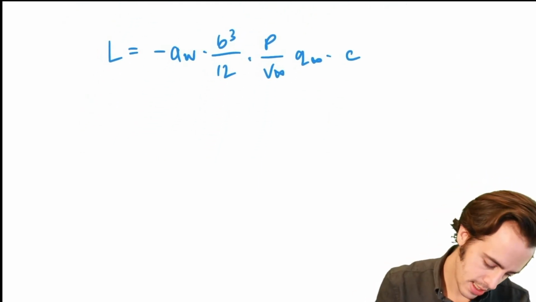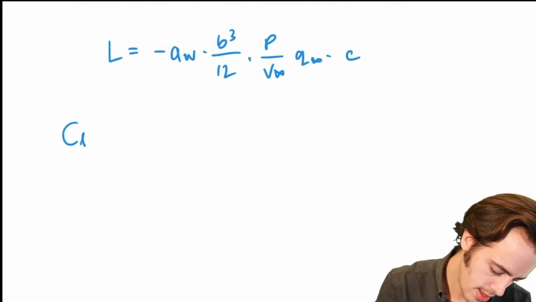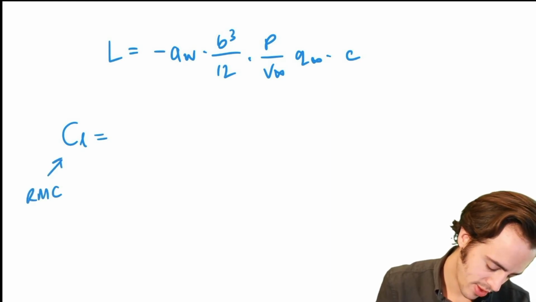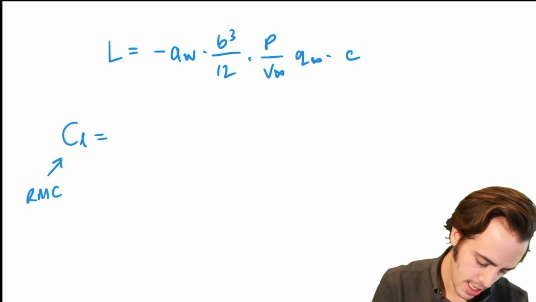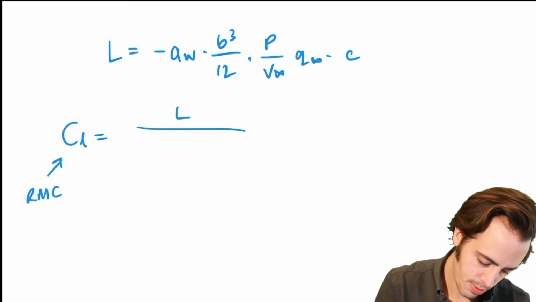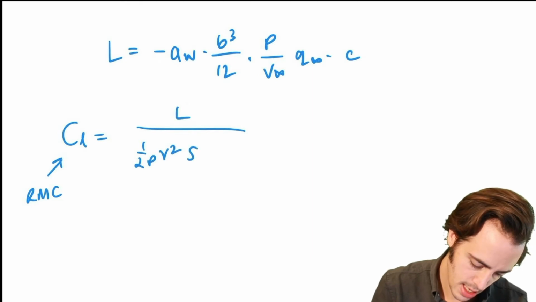So we want the coefficient form. We'll just remember that CL, which is our rolling moment coefficient, is equal to the lift divided by half rho V squared SC.